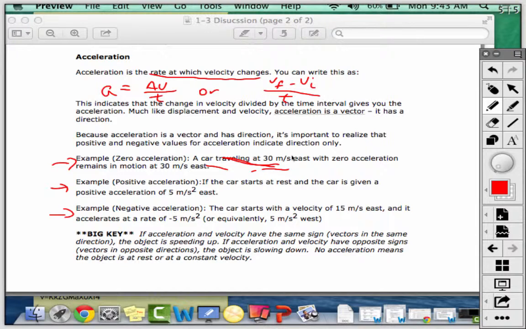An example of a car with a positive acceleration would be if it starts at rest, like at a stop-and-go light, and then the light turns green, and it accelerates in the positive direction, or the east direction, at 5 meters per second squared. So every second, the car is going to be going 5 meters per second faster. After 3 seconds, how fast would that car be going?